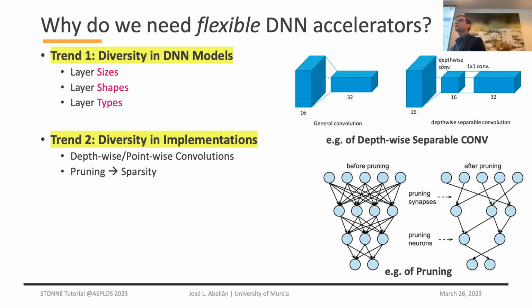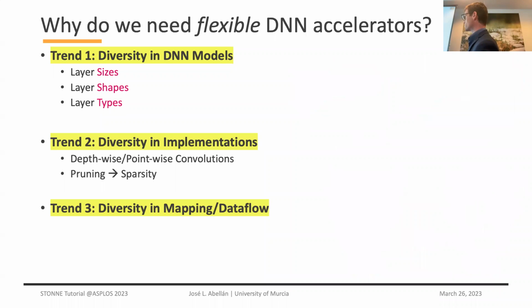Also, a hot topic nowadays is how we are going to exploit sparsity. Sparsity happens when you are removing some neurons or some weights, some connections between neurons. That happens naturally when you have activation functions such as ReLU, or you have weights that are 0 or close to 0. So this also defines that the accelerator needs to be flexible in the sense that it needs to be good for all these kinds of situations.